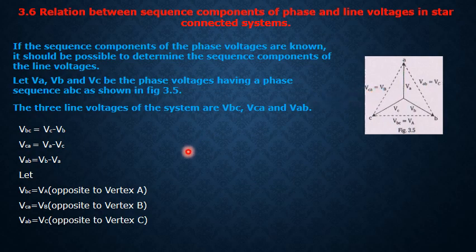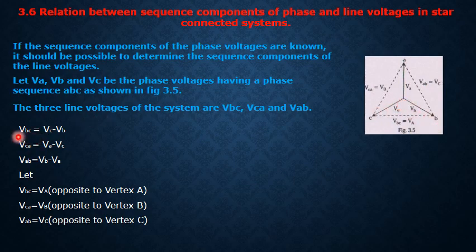From this figure we can write these line voltages in terms of phase voltages. Let us consider the line voltage VBC. In terms of phase voltage, it will be equal to Vc minus Vb, because both are in opposite direction.